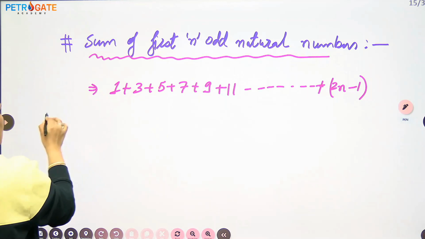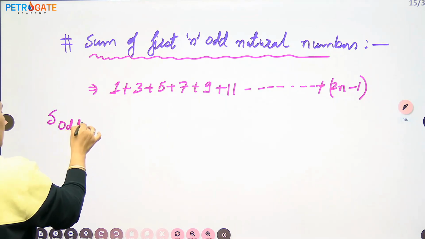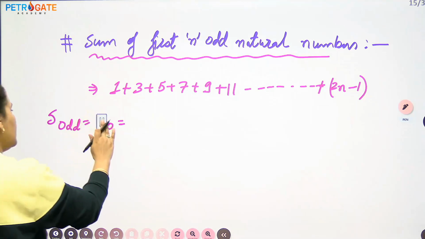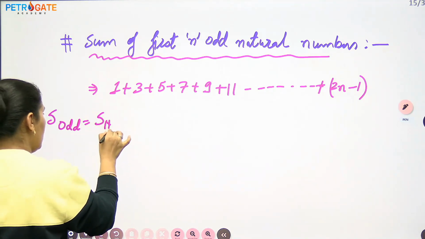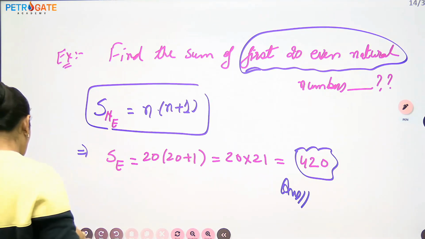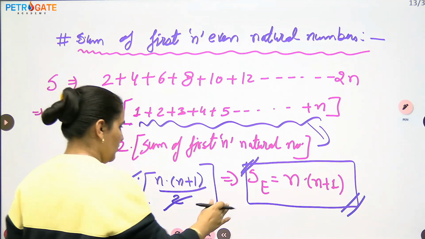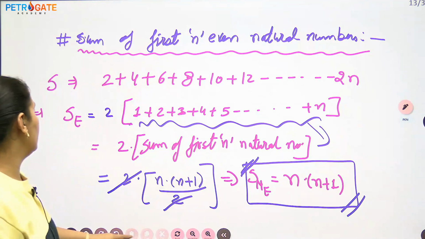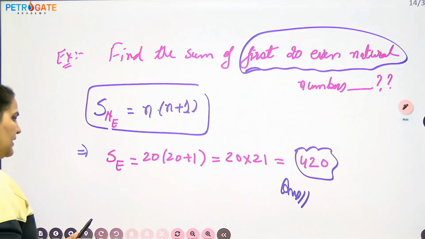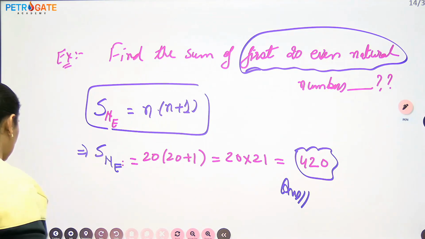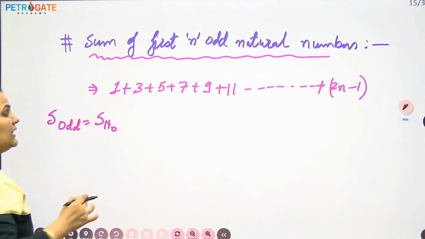This is an odd number series and we have to find the sum of odd numbers, so you can denote this by SO, the sum of odd numbers. To make it more clear, NO denotes the odd natural numbers, and for the other one you can write NE, denoting the even natural numbers.